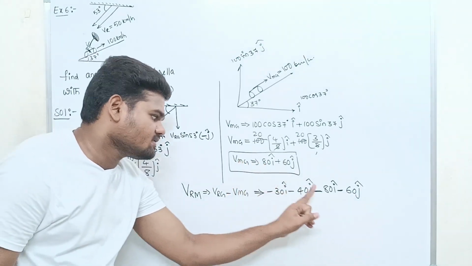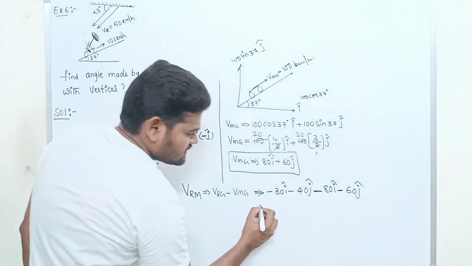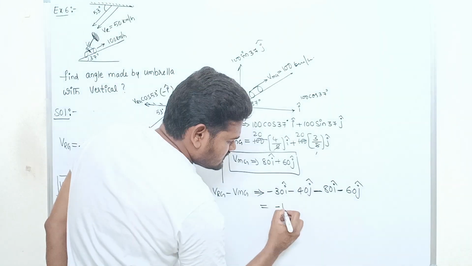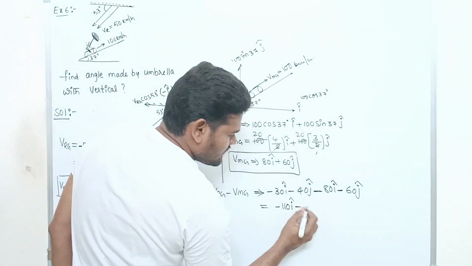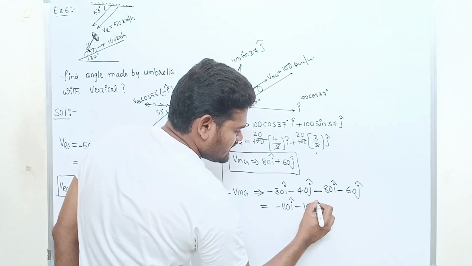So minus 30 i cap minus 80 i cap gives minus 110 i cap, and minus 40 j cap minus 60 j cap gives minus 100 j cap.